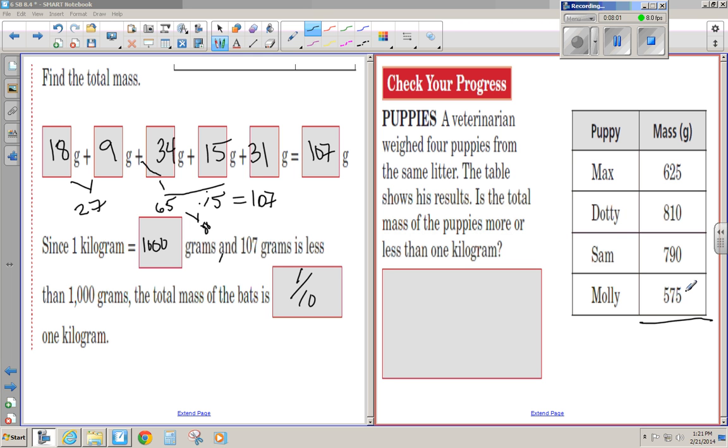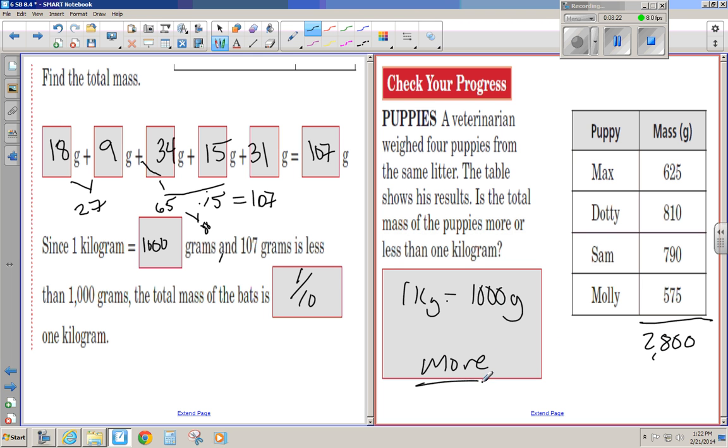After you add all of these up, you end up with 2,800. Since we know 1 kilogram is equal to 1,000 grams, and we have 2,800 grams, this is definitely more than 1 kilogram.